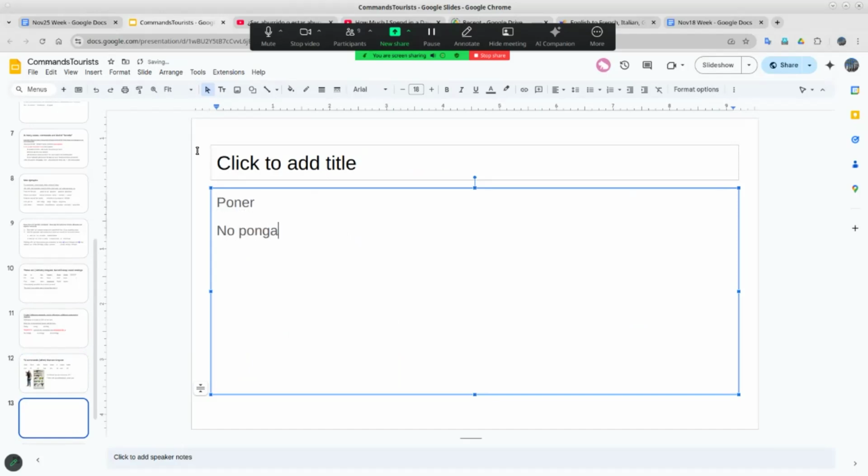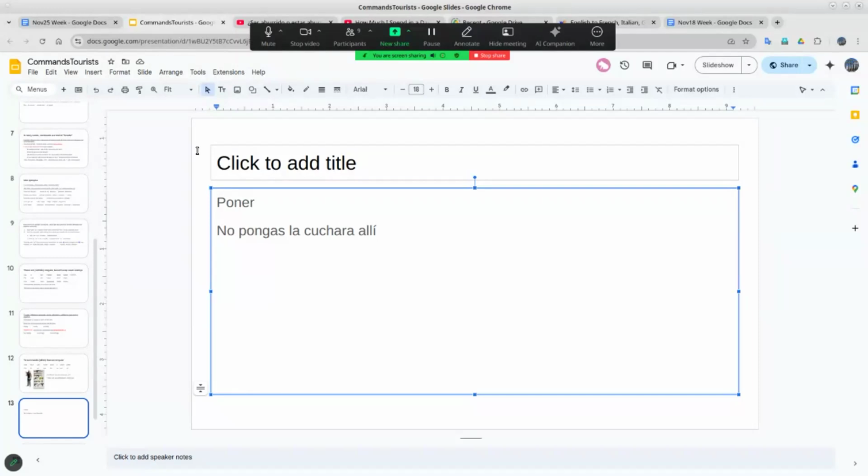No pongas. No pongas la cuchara allí. Don't put the spoon over there. No pongas.